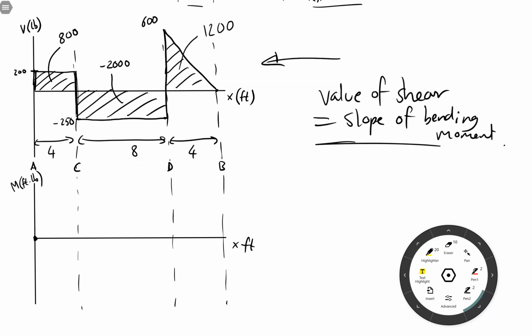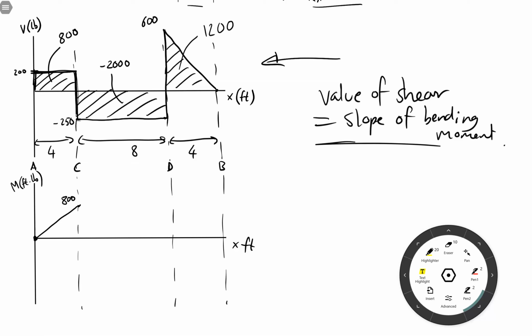And then it's going to have a positive, constant slope, because we have a constant value of our shear. So it's going to slope up with a slope of 200, and it's going to reach 800 foot-pounds right here, yeah? And then we're going to have a constant slope of negative 250 over this whole section.